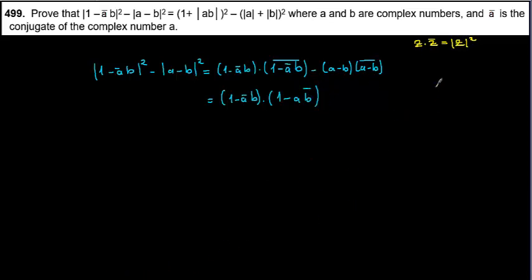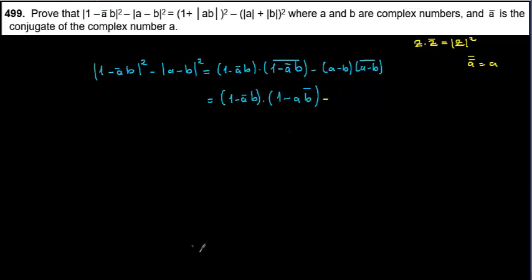Then here I got A conjugate is equal to A. You remember that property, conjugate of conjugate is equal to itself. So double conjugate we have here for this one. Then I got A. Okay, let me continue.